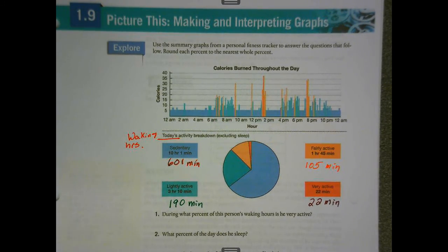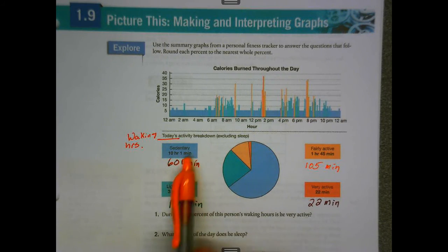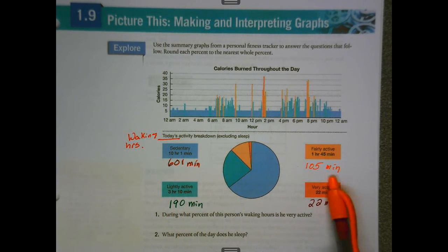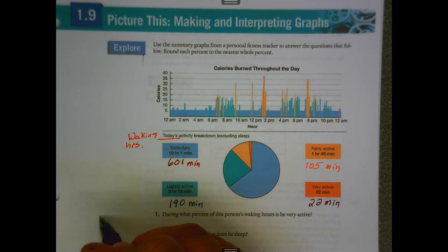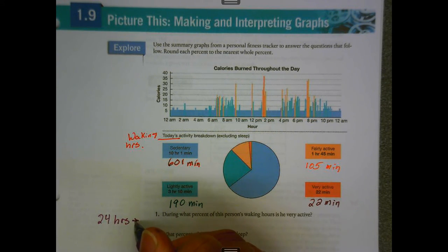So if this is the breakdown of his waking hours, we're going to need some parts and wholes here. The total, of course, there's 24 hours in one day. So I'm going to convert that to minutes.